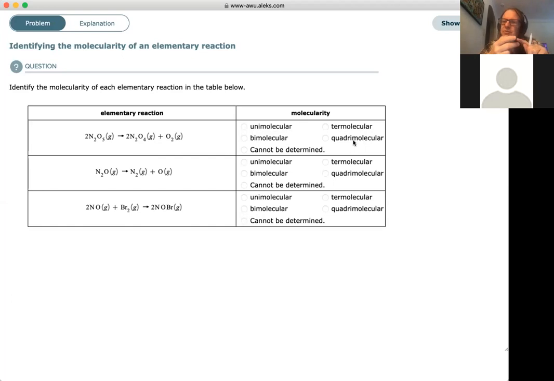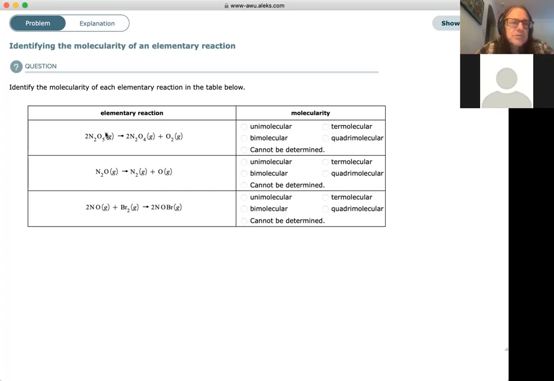These mean 1, 2, 3, 4. That's all it means. Uni is 1, a unicycle has 1 wheel, a bicycle has 2, a tricycle has 3. But we don't call them trimolecular. Interestingly enough, we call them termolecular. A quadruped is an animal that runs on 4 legs, right? So that's 4. So 1, 2, 3, 4.